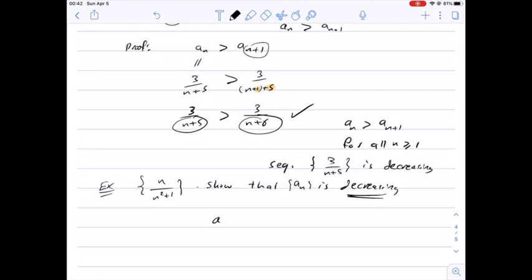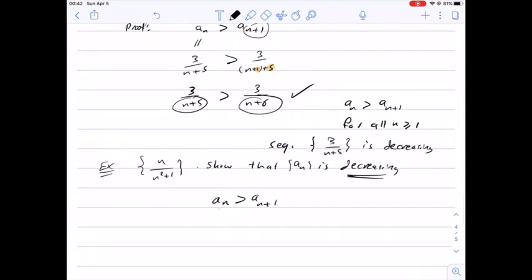So in this case we apply, if it's decreasing, then a sub n is greater than a sub n plus 1. Now we substitute n, so that gives us the same general term, n over n squared plus 1, greater than. Now we need to substitute n plus 1 for the term a sub n plus 1. We get n plus 1 over n plus 1 squared plus 1.